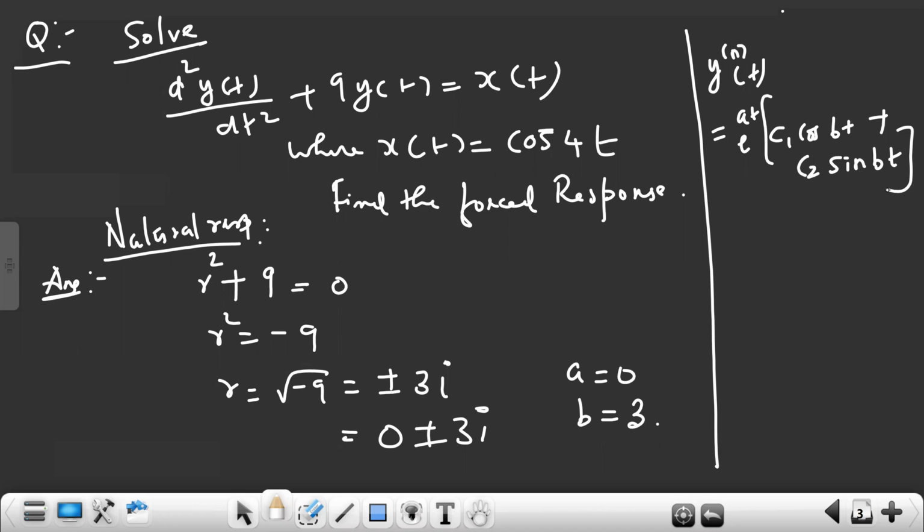Now, Rutesh, substitute the value of a and b and tell me the natural response equation.